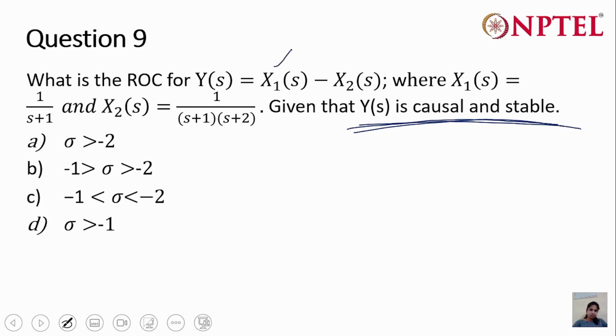So we know what is X1, we know what is X2. So we can find an expression for Y of s. And we know that Y of s is causal and stable. So what is the ROC of Y of s? Sigma greater than minus 1. Option D.